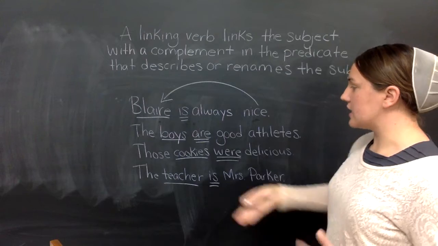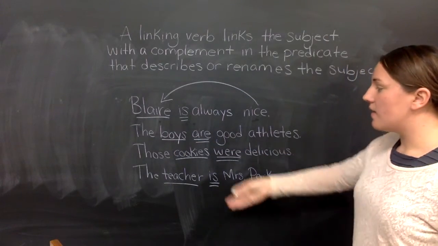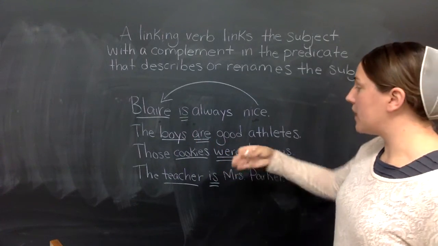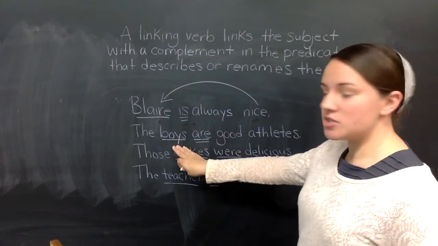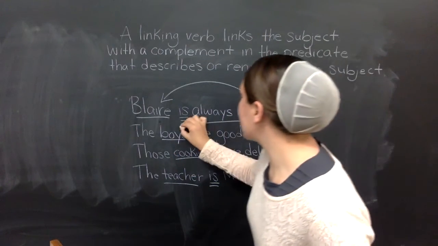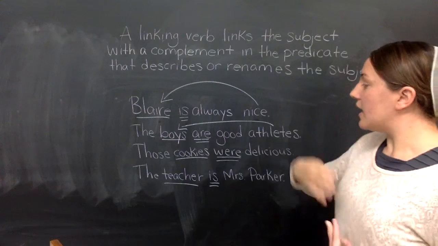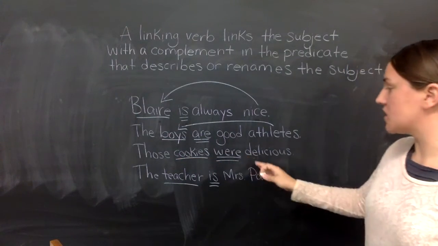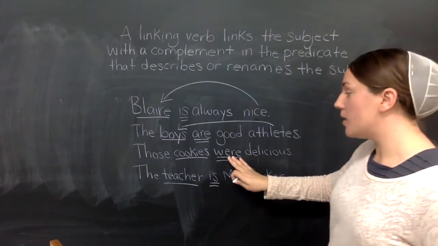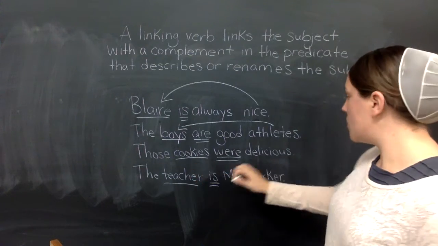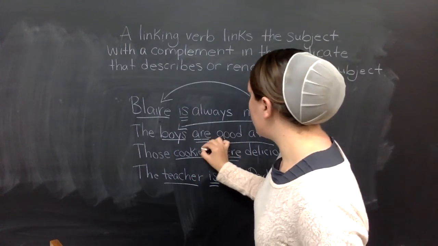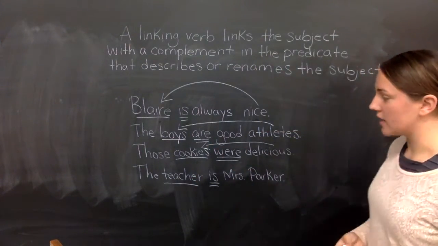Now let's look at the next sentence. The boys are good athletes. This is also a linking verb because it is linking our subject with a word that is renaming boys. In the next sentence, those cookies were delicious. This is a linking verb because it's linking the subject with a word that is describing our subject.